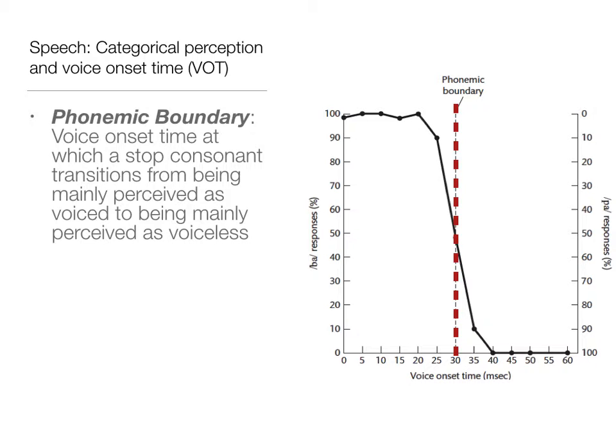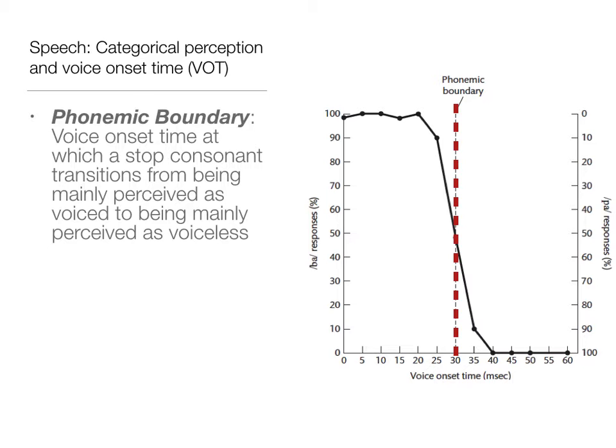People are responding about 100% of the time, and as low as it goes is 90% of the time, saying yes, it's a ba. But once we're on the other side of that 30 milliseconds, we say that it's a pa. Again, we go to 90% of the responses saying it's a pa, and then 100% once we get to 40 milliseconds. So this is a really sharp cutoff.